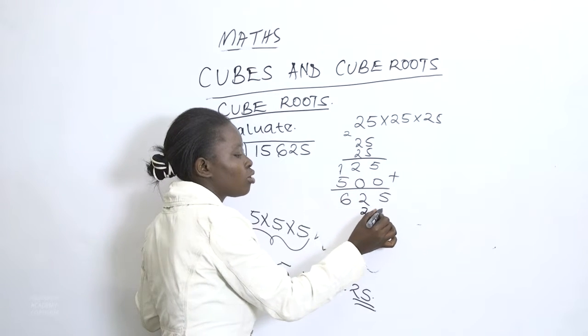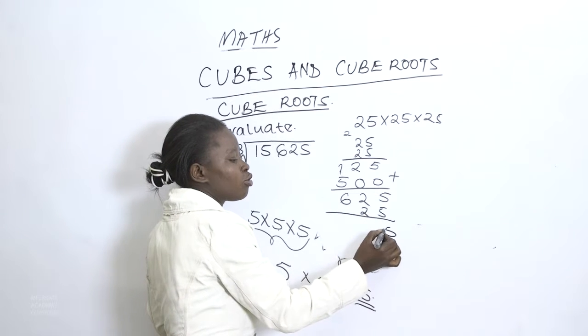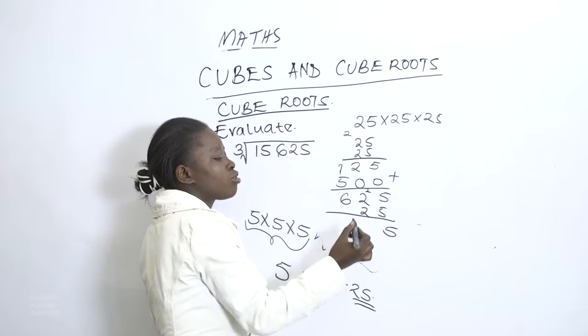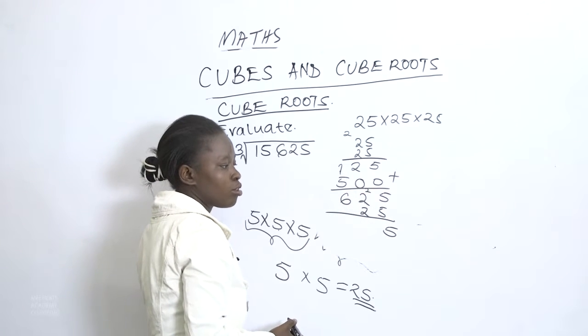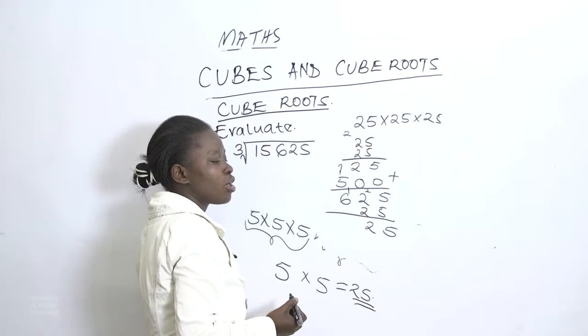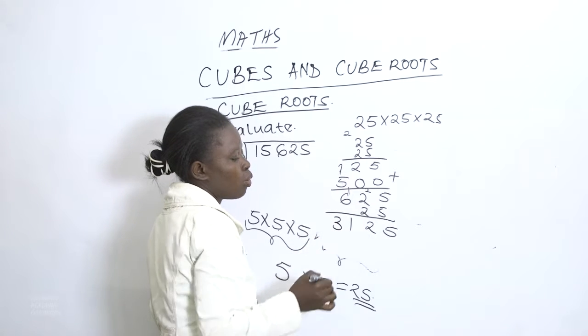Then multiply by 25. So this is 5 times 5, 25. Write 5, carry 2. 5 times 2 is 10. 10 plus 2, we have 12. So write 2, carry 1. 5 times 6 is 30. 30 plus 1, we have 31.